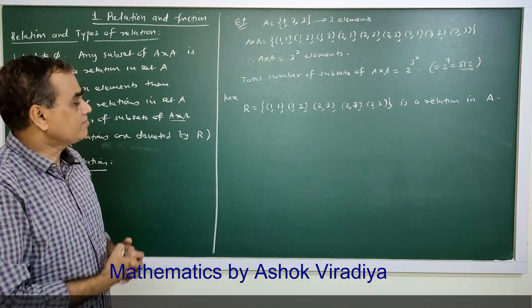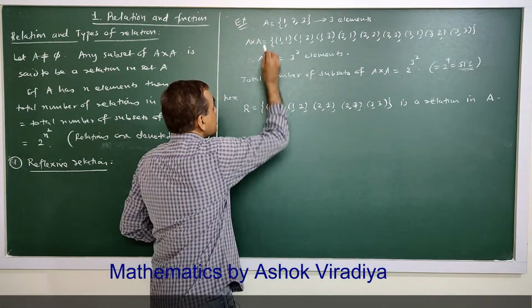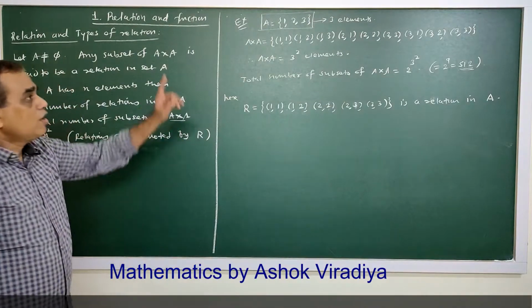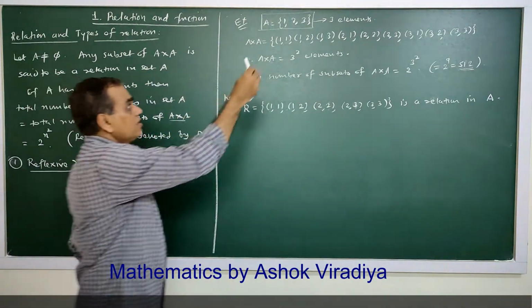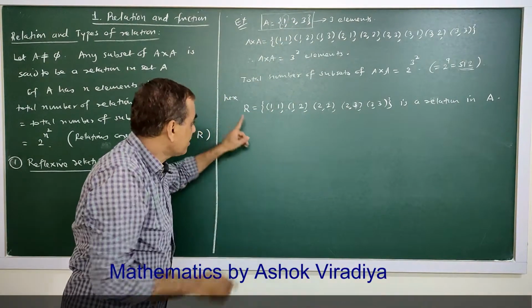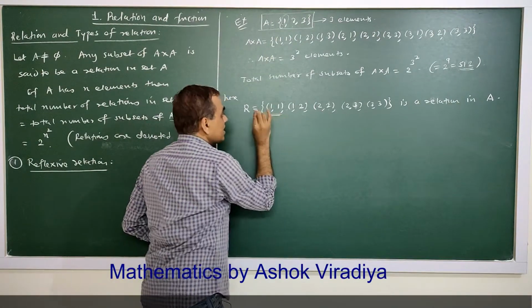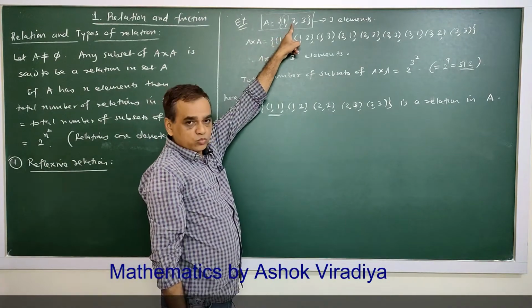Now look here. See, A has these 3 elements: 1, 2, 3. First of all, take 1. Check in this relation. See, for 1, its pair with itself is here, (1,1). Take 2.